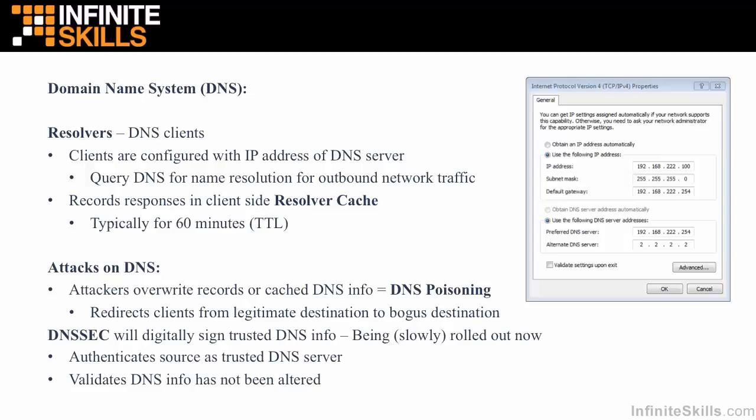What DNSSEC proposes is that all these DNS responses will be digitally signed, and you, the resolver, would validate the digital signature on that DNS response. So this would imply that the response came from a legitimate DNS server, not the bad guy injecting a response, and that the response hasn't been altered.